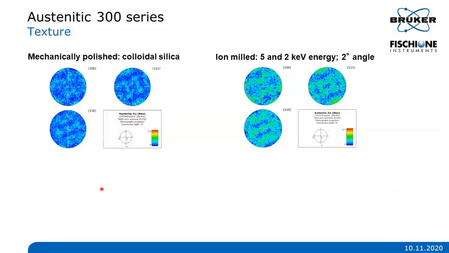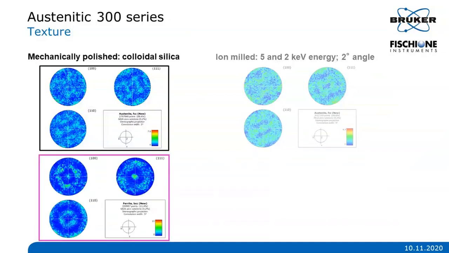And if we look at the orientation distribution in 2 dimensions with this stereographic projection or pole figures, we can see that the austenite grains have the same orientation for both sample preparation techniques. And if we look at the orientation of the martensitic grains here on the left, we can identify common poles with the austenite orientation.